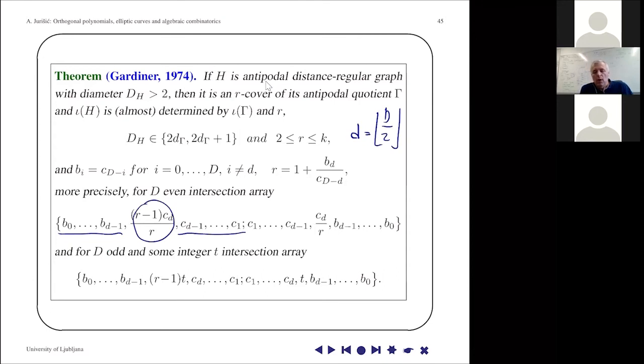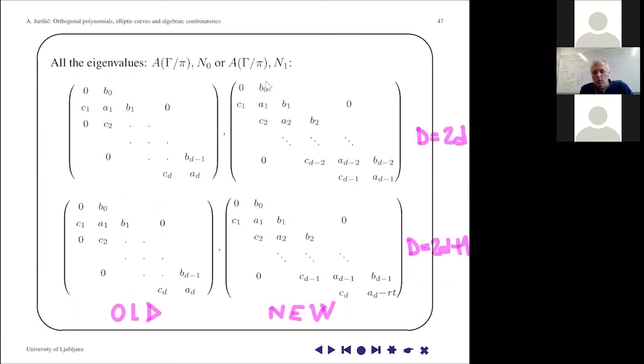Maybe we can write this in matrix form, but it turns out that this matrix actually breaks into two smaller matrices, so that when you're calculating the eigenvalues, well, kind of similar to these Toeplitz matrices, you determine the old eigenvalues, which are already known if you knew the quotient, and then the new eigenvalues. And of course, it's a little bit different in the odd and even case.